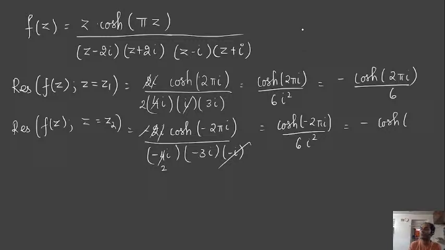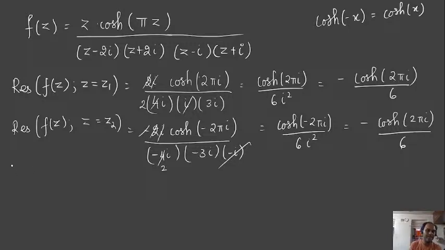Now cos h of minus theta is cos h theta, remember this, okay? Cos h of minus x is cos h of x. There's no change here, so 2 pi i divided by 6. That's what you will get.